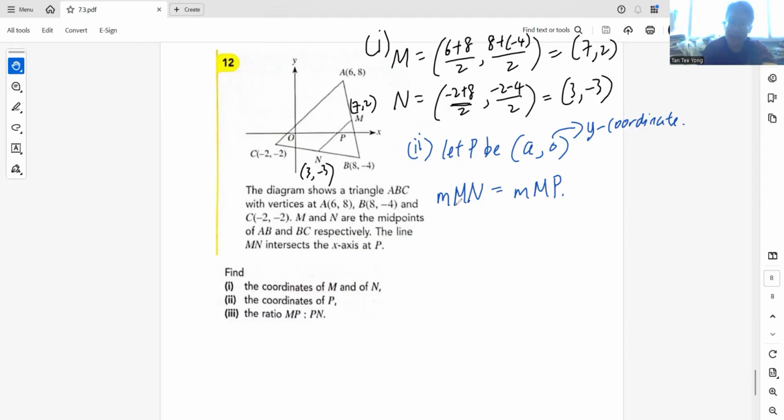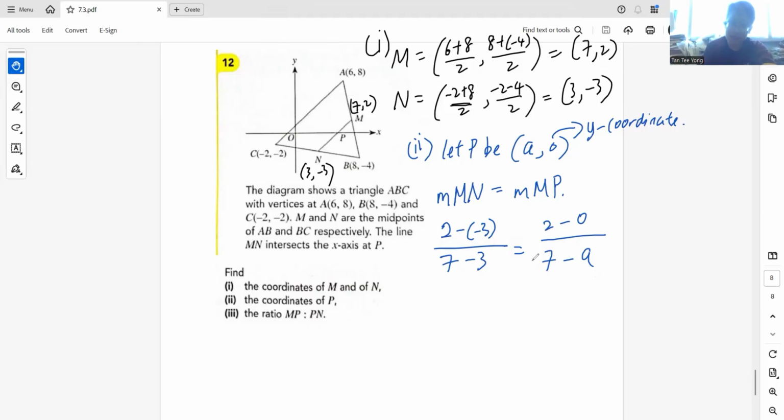So what is the gradient of MN? It's y1 minus y2 over x1 minus x2, so 2 minus -3 over 7 minus 3, which equals the gradient of MP. I'm going to write the gradient of MP in terms of a, so it will be 2 minus 0 over 7 minus a.